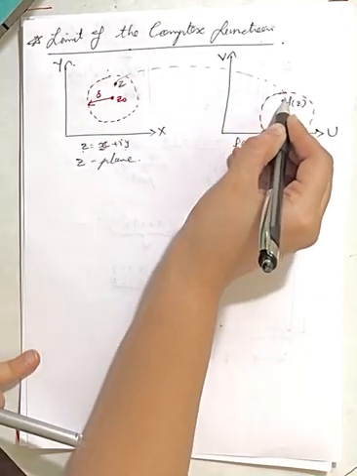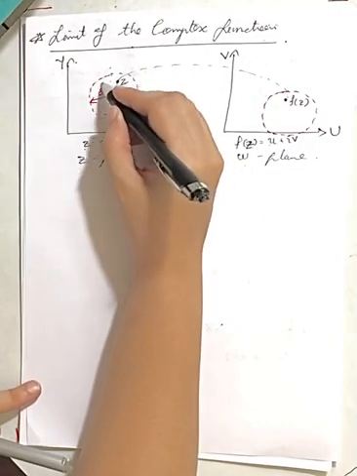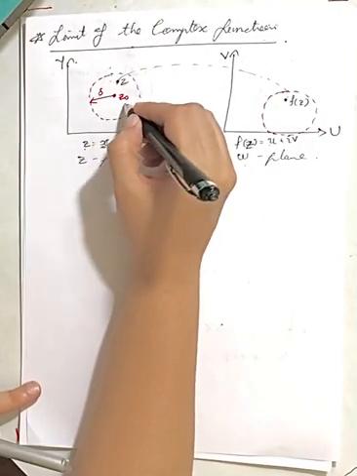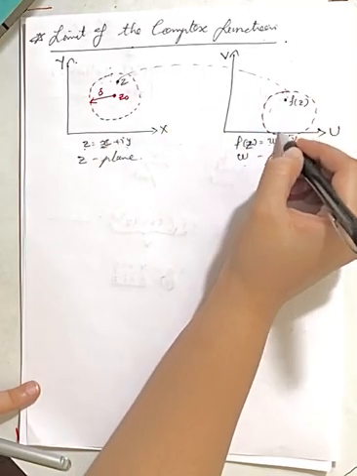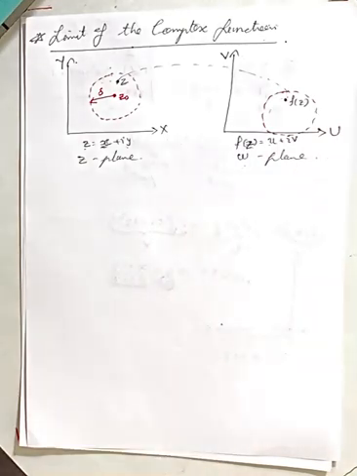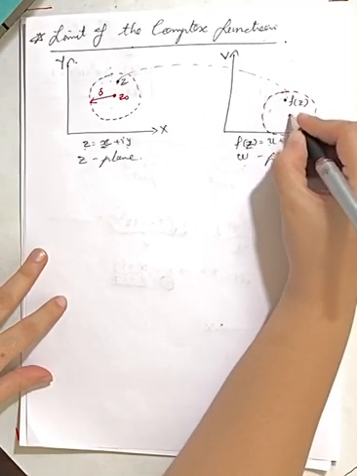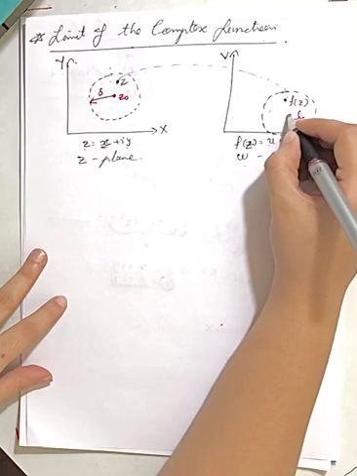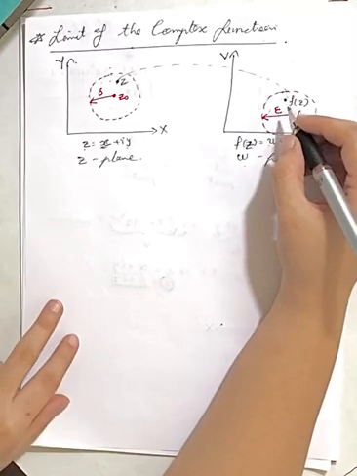For every z, I have a corresponding value of f of z, and for every point within this region, I will have a corresponding f of z point, which will be covered in this region. This one of course has the center L, and the radius is epsilon, a very small variance.